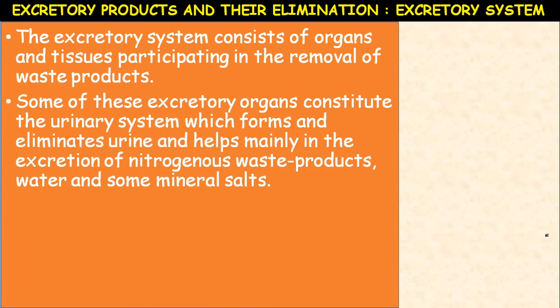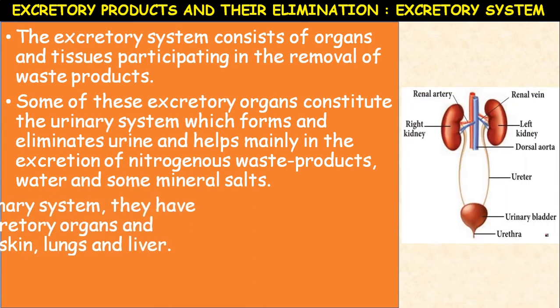Some of these excretory organs constitute the urinary system, which forms and eliminates the urine and helps mainly in the excretion of nitrogenous waste products, which may be ammonia, urea, or uric acid, and along with that some water and some mineral salts are also eliminated.